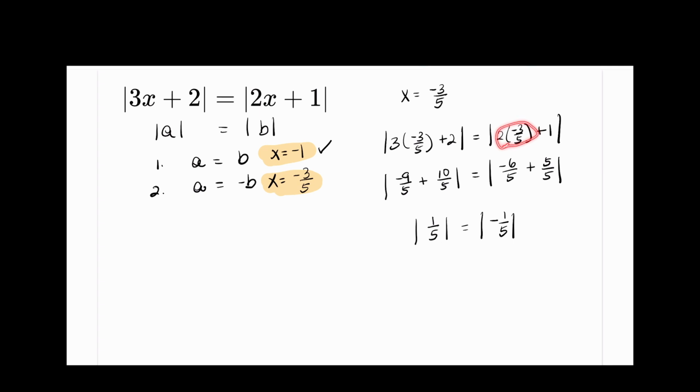Same here, multiply, and I'm changing 1 to be 5/5 in order to have the same denominator. -9/5 plus 10/5 is going to give us 1/5. -6/5 plus 5/5 is going to give us -1/5. But because we have absolute value signs, these two are equal. And our second solution, x is equal to -3/5, is also valid.